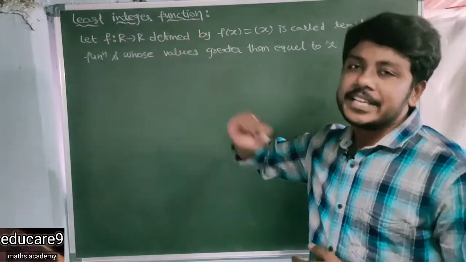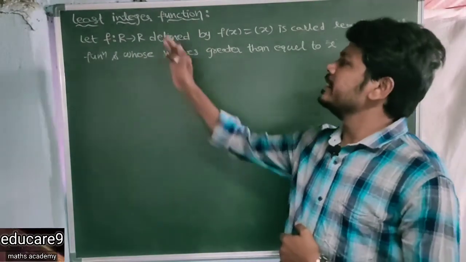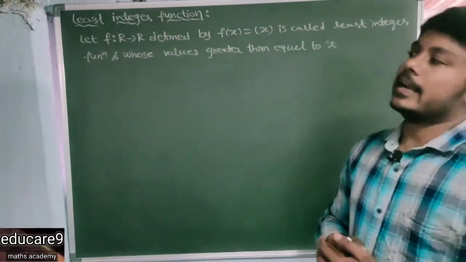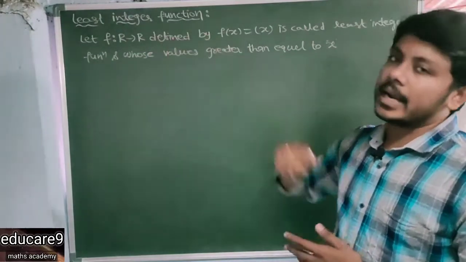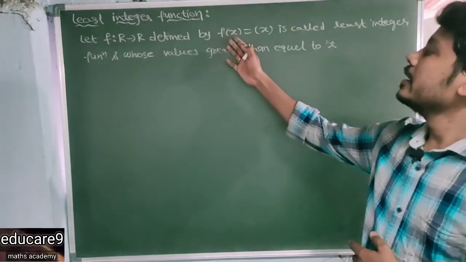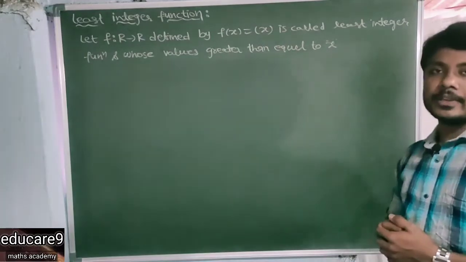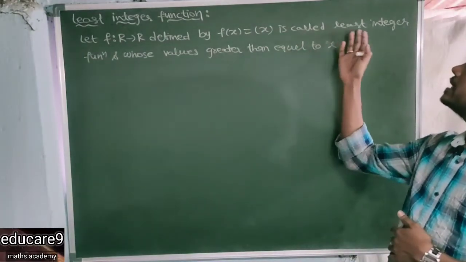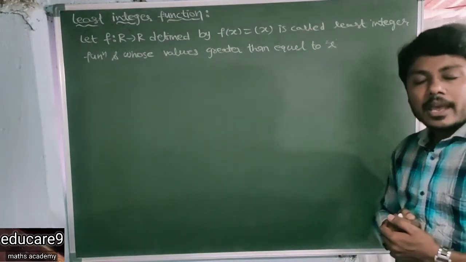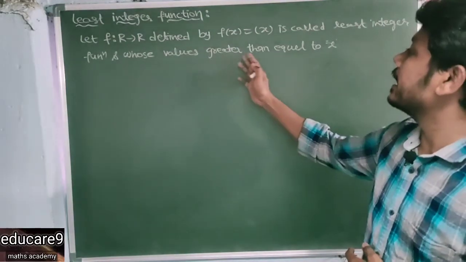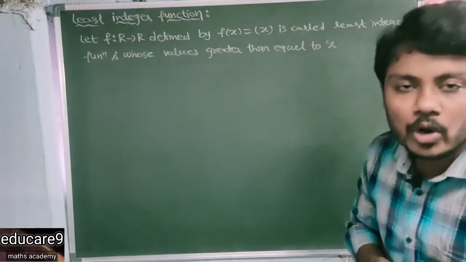So, the least integer function. Let f from R to R be defined by f of x is equal to bracket of x. It is called the least integer function, whose values are greater than or equal to x.